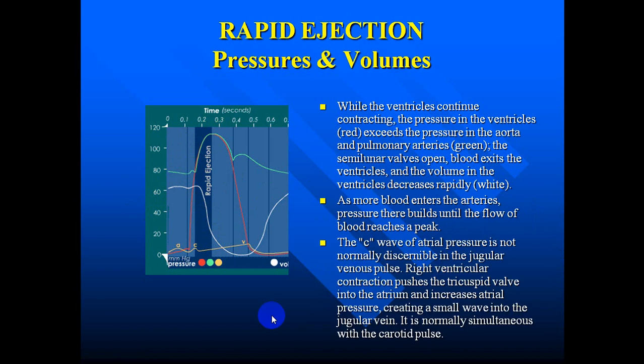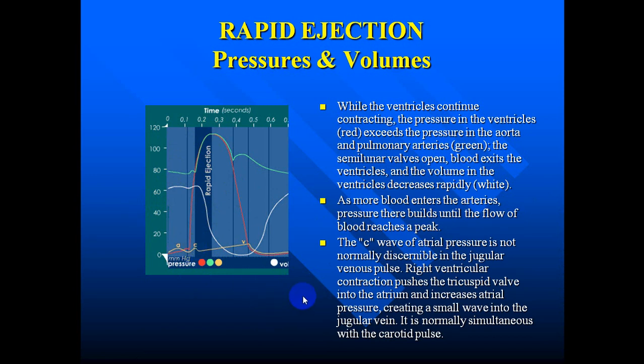The C wave, as we said, is due to the early phase of ventricular ejection, or systole. The mechanism, as we said, is that the tricuspid valve is pushed into the right atrium.